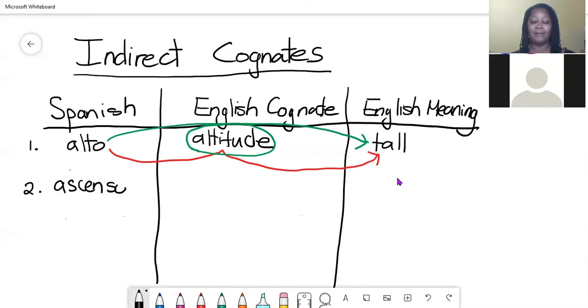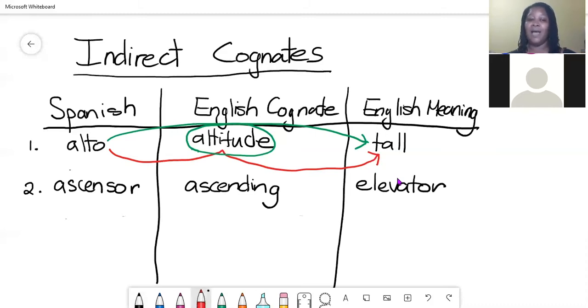Ascensor. Now, ascensor has to do with ascending or going up. And what device is it that goes up? Elevator. So again, we see the connection.